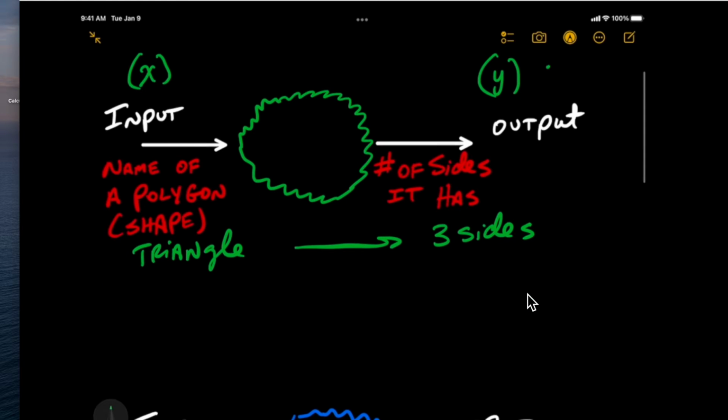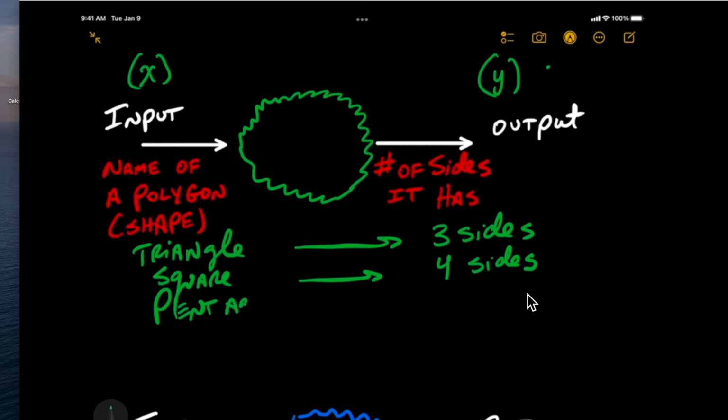If the input was a square, the output is that it has 4 sides. If the input was a pentagon, the output is that it has 5 sides.